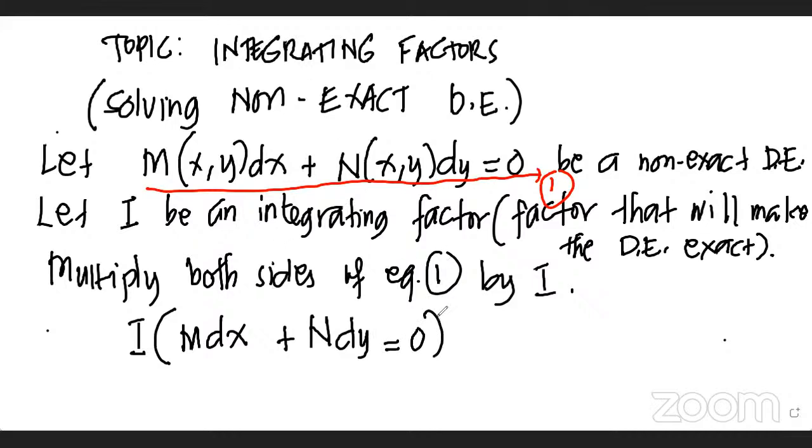Okay, pag nagawa na natin 'to, that we were able to multiply the integrating factor doon sa ating first order differential equation, so this will now become an exact equation.